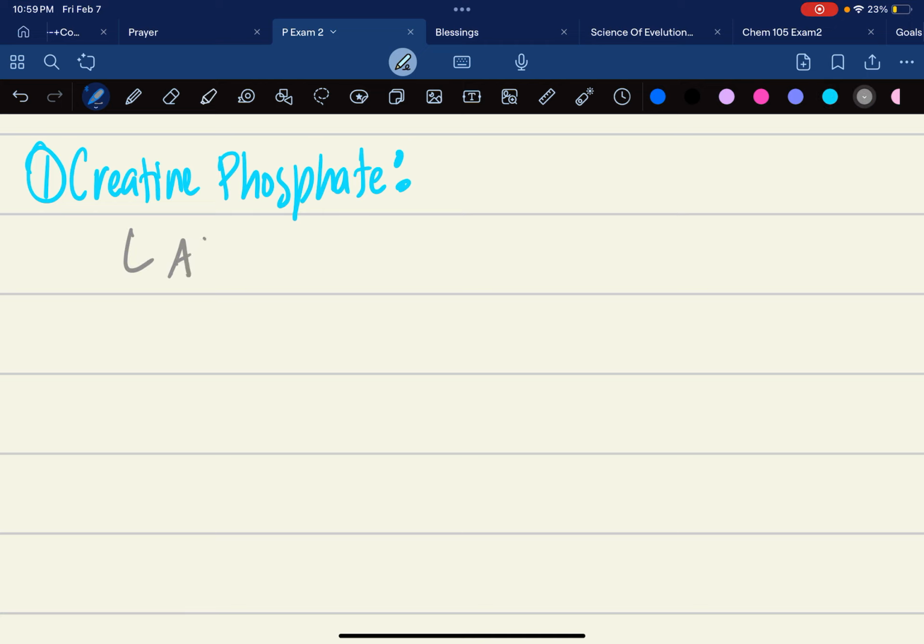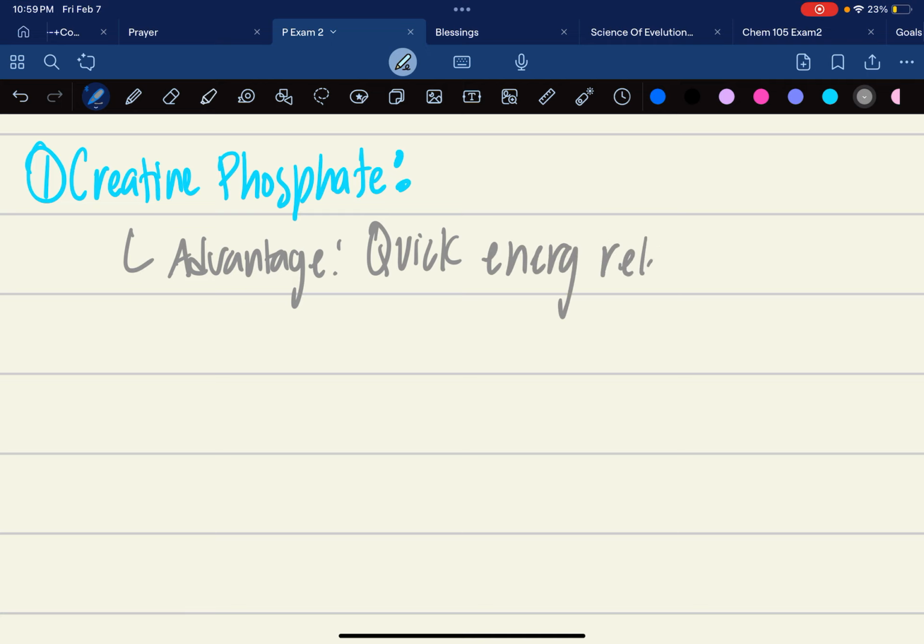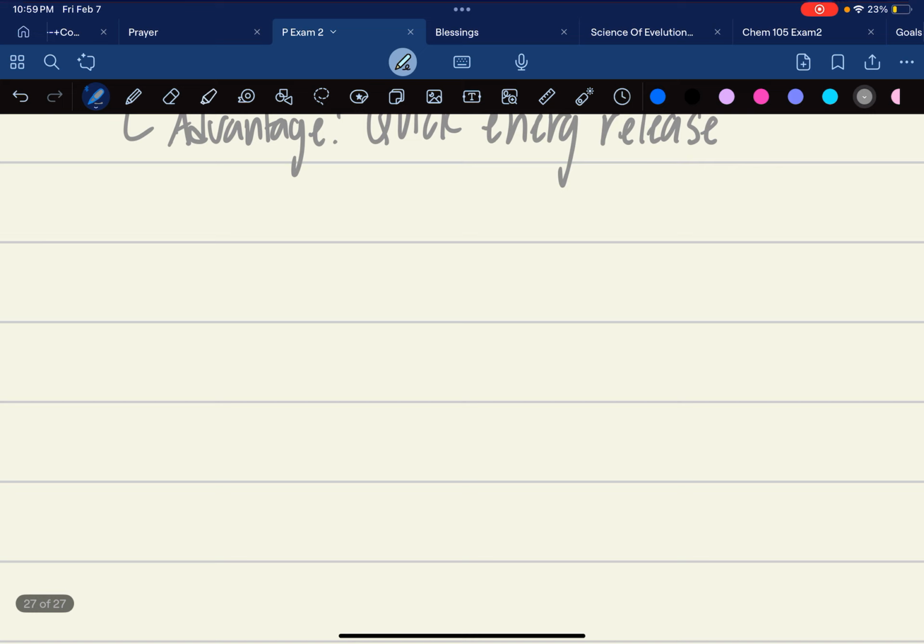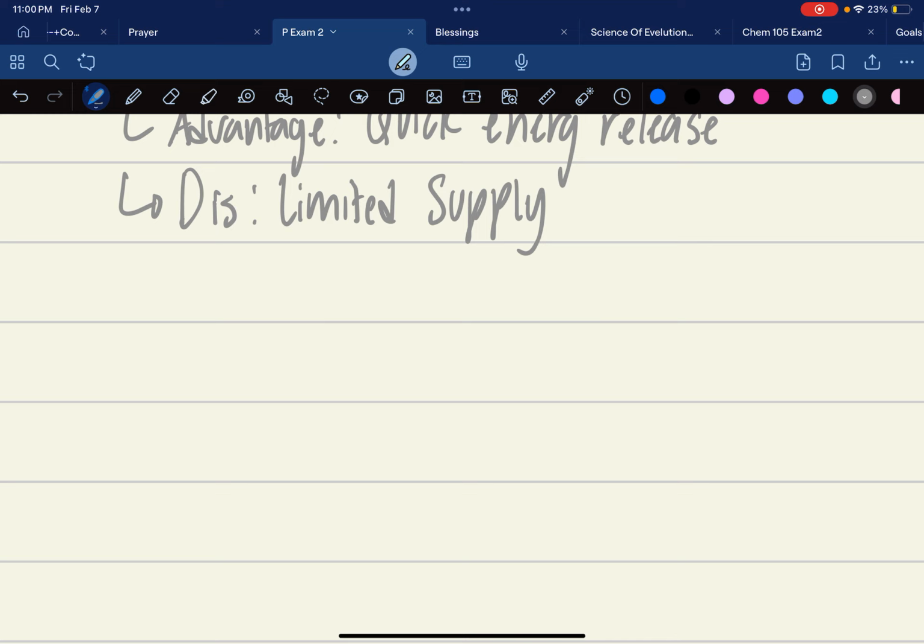So the advantage, it's a quick energy release. Disadvantage is limited supply. And the usage is during short bursts of high intensity activity.